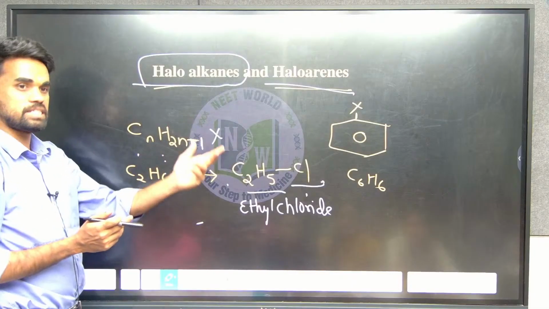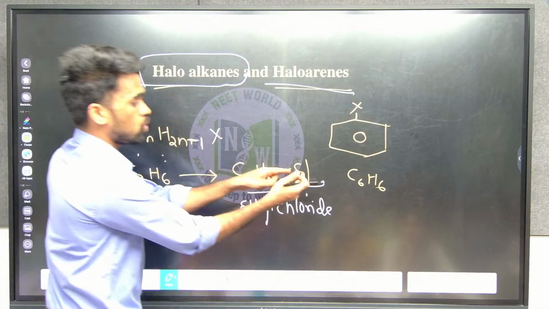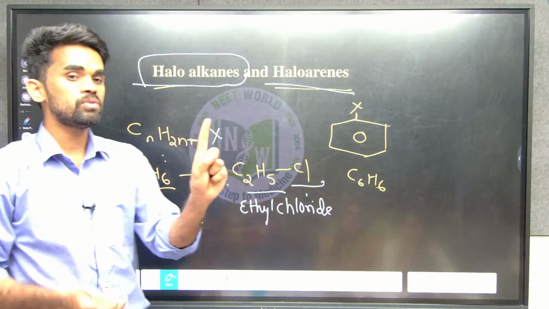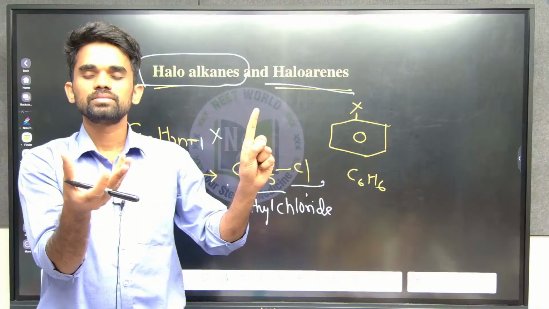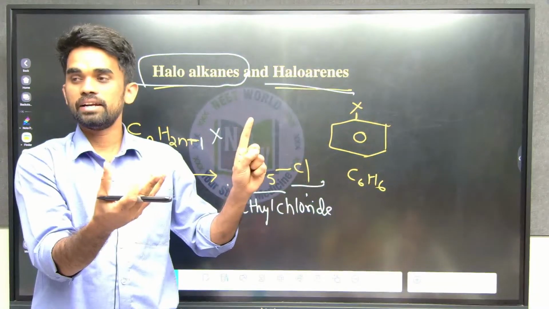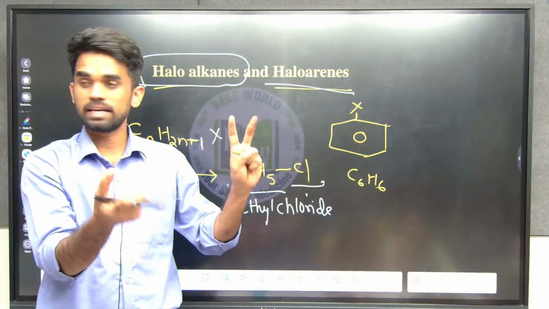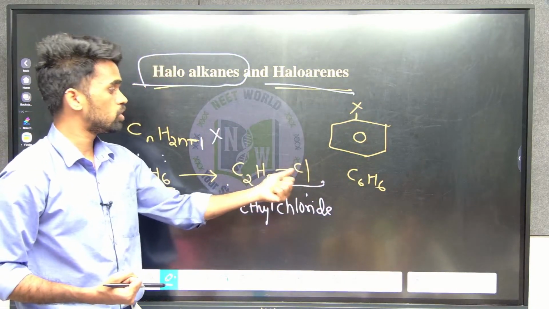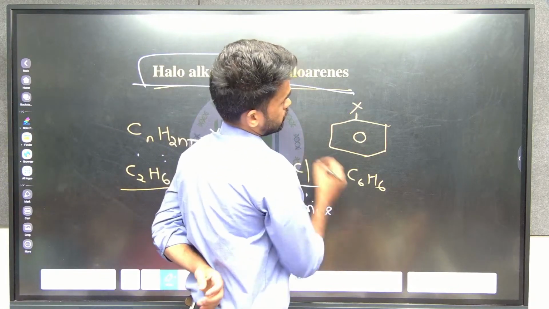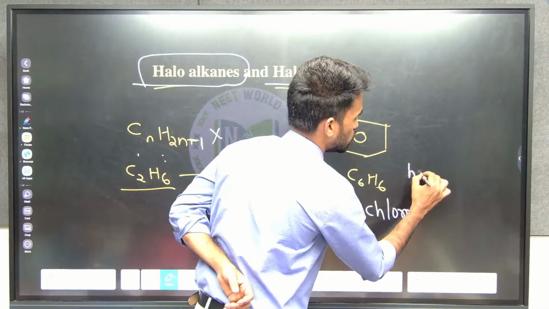When it comes to the IUPAC name, you should call it a haloalkane, like chloroethane. This is the IUPAC name. So you have two names now: the common name, alkyl halide, and the IUPAC name, haloalkane. Next, for the aromatic one, you just say chlorobenzene, like halobenzene.